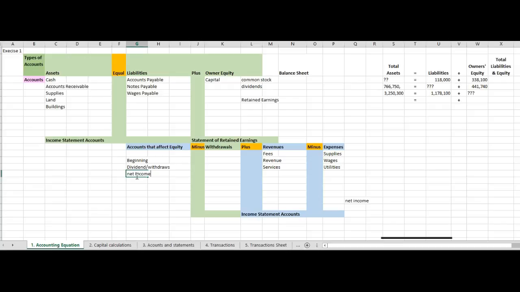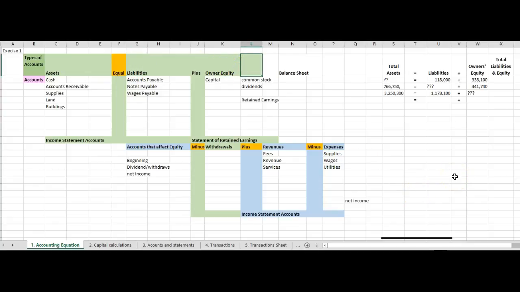To get net income, we do an income statement, which involves revenues and expenses, and those become your income statement accounts. So we have balance sheet accounts, the statement of retained earnings that reconciles beginning and ending capital, and the income statement accounts, which are revenues or expenses. This all ties together to keep the accounting equation in balance.